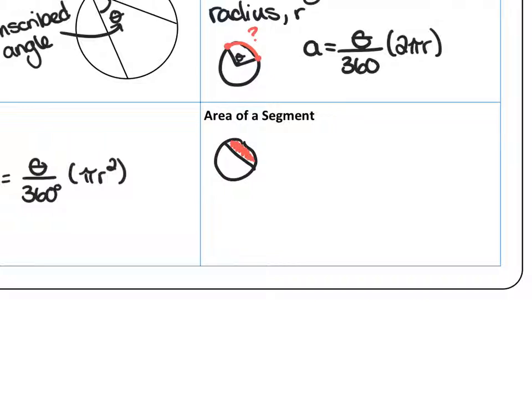The formula for that is 1/2 r squared, or your radius squared, times pi over 180 theta minus sine theta, where theta is the central angle and r is the radius. We're going to do a couple examples on the next page and do some of these calculations so you can see how it works.